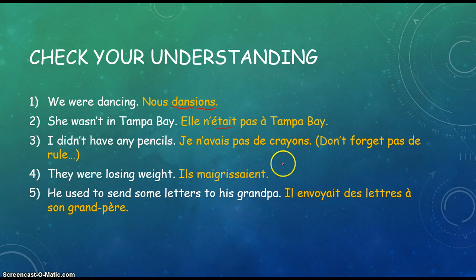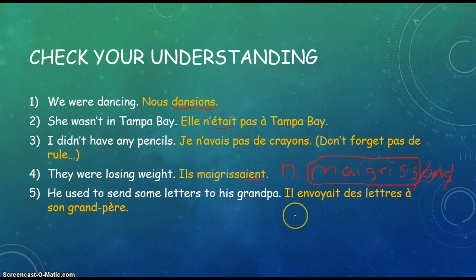Don't forget, when you're doing step 2, the verb maigrir in the nous form of the present tense is maigrissons. We dropped our O-N-S. We were left with our stem. And then we applied the imperfect ending.